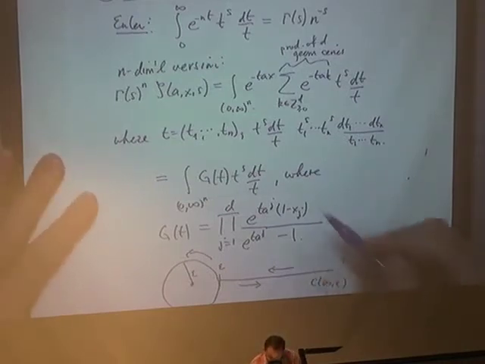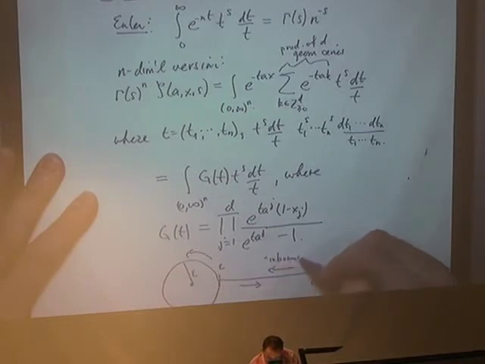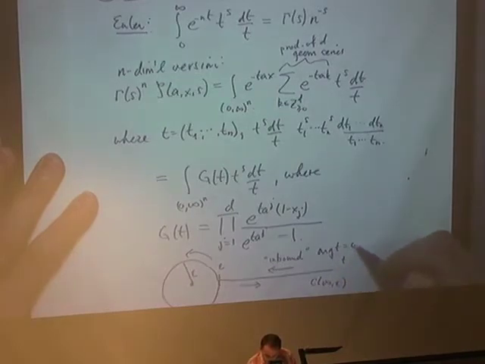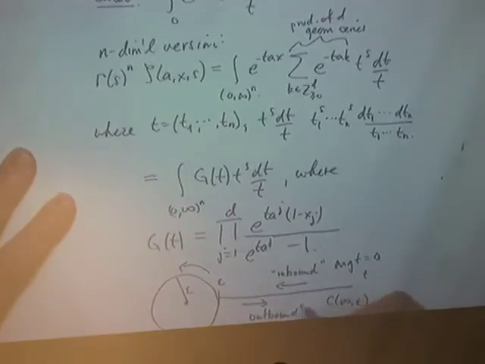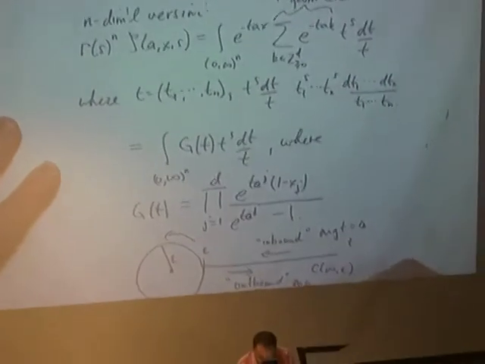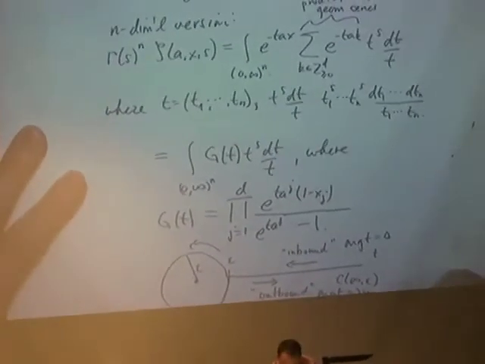So the way we're going to define the logarithm is that on the inbound part of this contour, we'll consider the argument of t to be 0, and on the outbound leg, we'll consider the argument of t to be 2 pi.